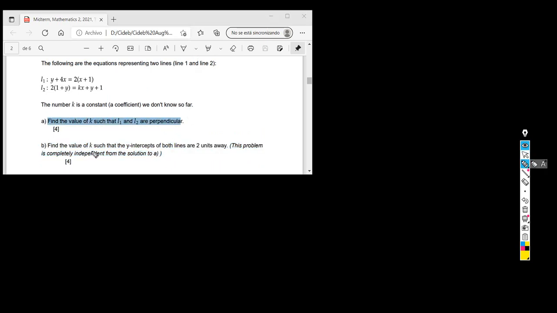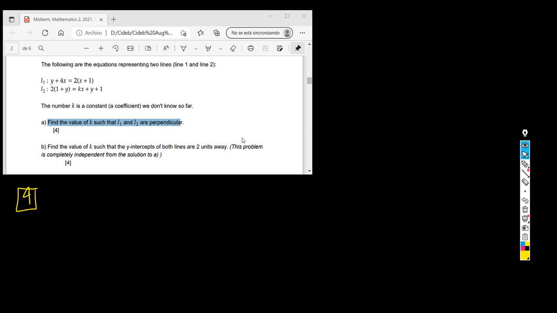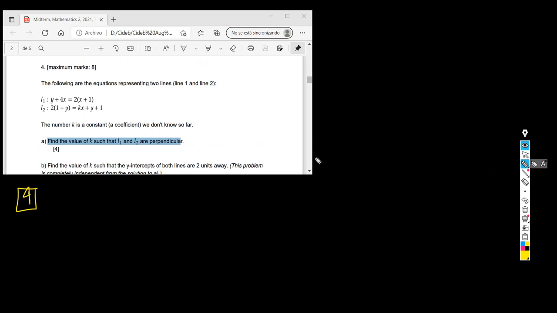So I made a mistake in here. This is an inconsistent question. Okay, number 4. Let me copy both lines. I'm labeling the lines as line 1 and line 2 for easy reference. Try to adopt that style too. It's very common.